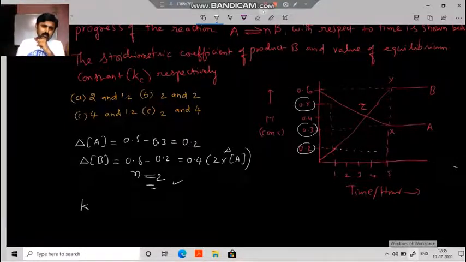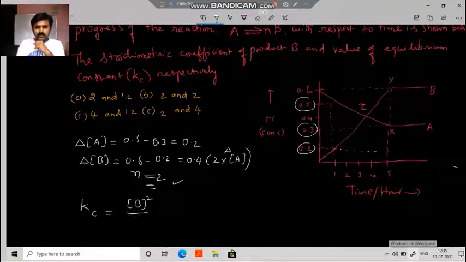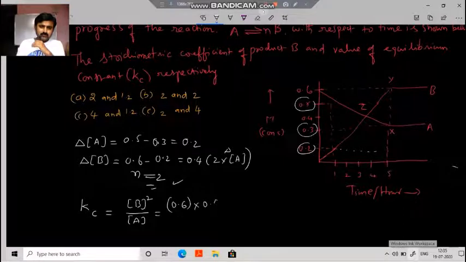Moving on to the equilibrium constant for this equation, it is the concentration of B whole power n, the n value we have identified as 2, by the concentration of A. Here the concentration of B at equilibrium is 0.6, so 0.6 into 0.6 by the concentration of A at equilibrium, 0.3.